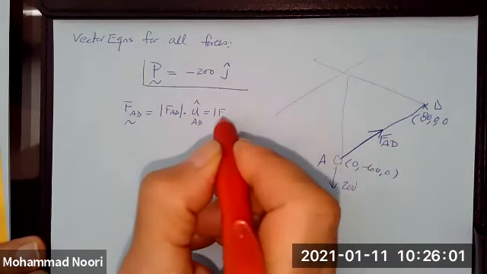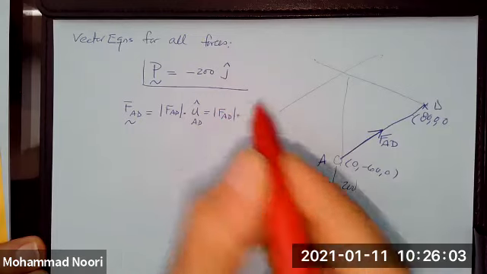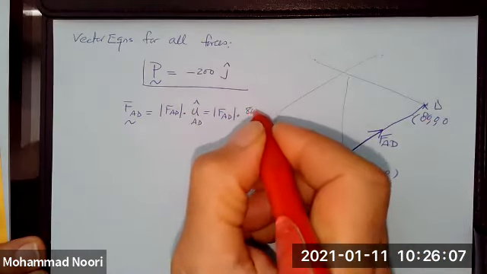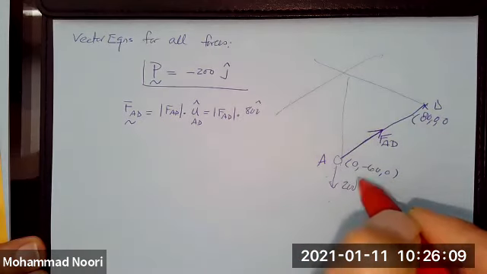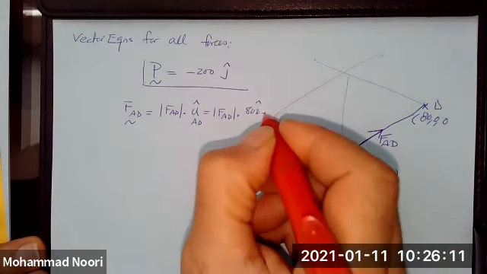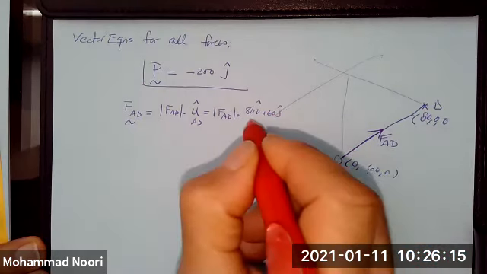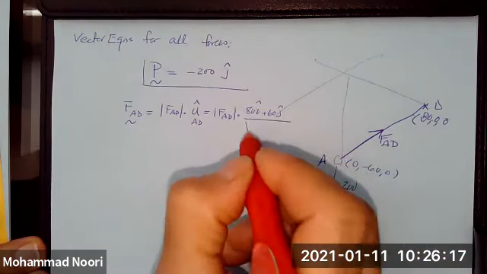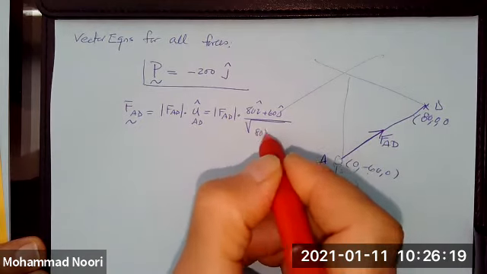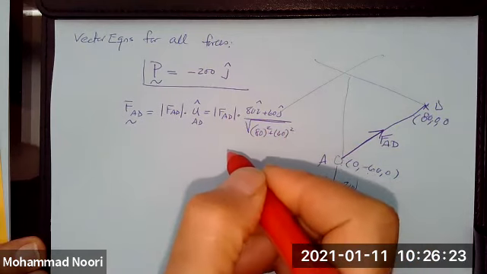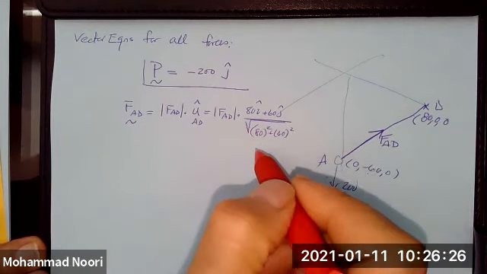So it would be force of AD times 80 minus 0, 80 I, 0 minus minus 60, so it would be 60 J, 0 minus 0, 0, divided by the square root of 80 squared plus 60 squared, okay?